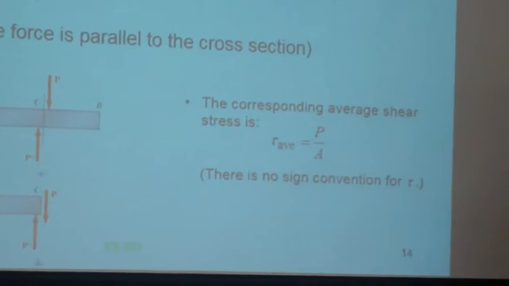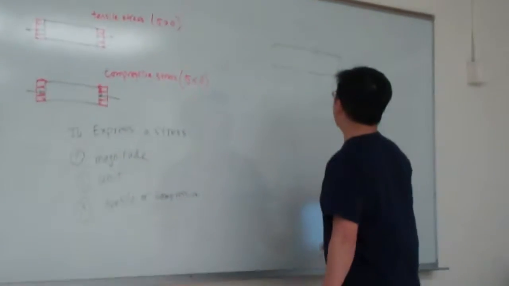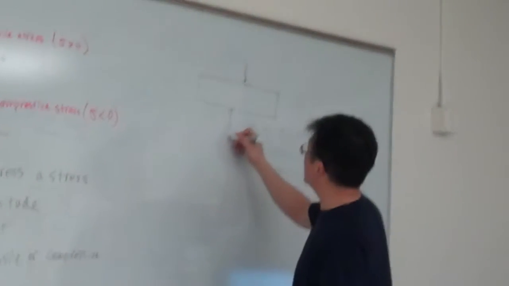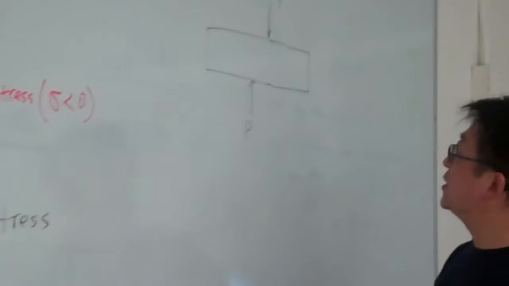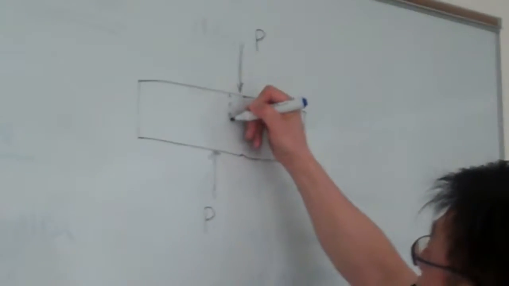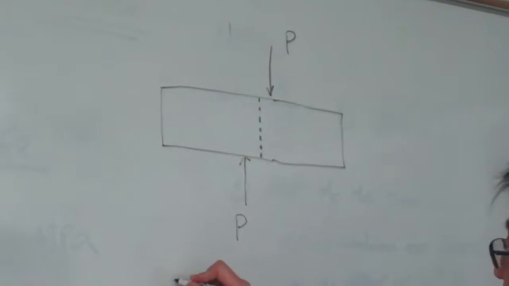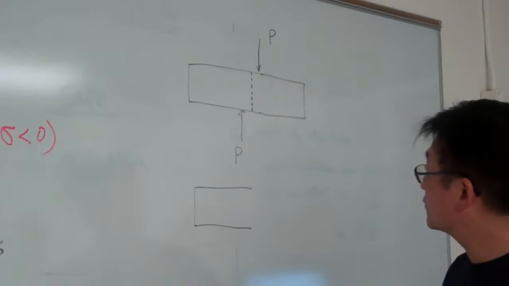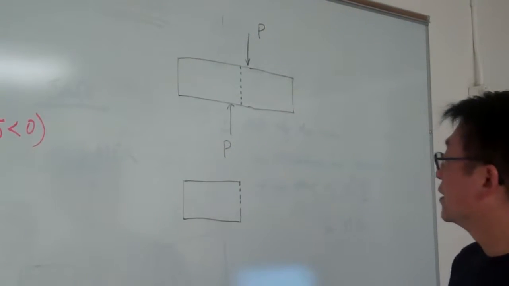So let me draw the shear stress here, with a free body diagram. This is our material, and here we have two pairs of force. Let me call them P and P. In particular, I'm interested in what's going on in these cross sections. So I pick the free body diagram there, and I use the green dashed line to indicate the cross section we are interested in.